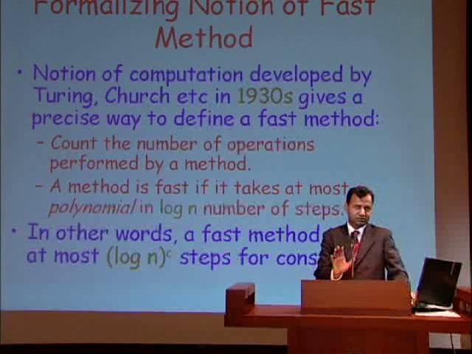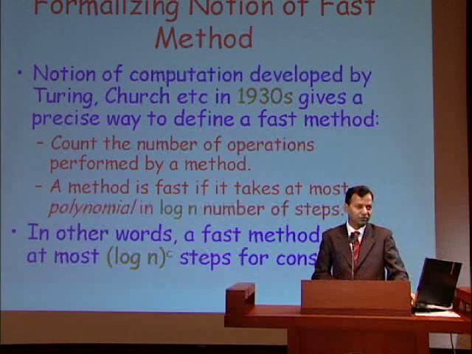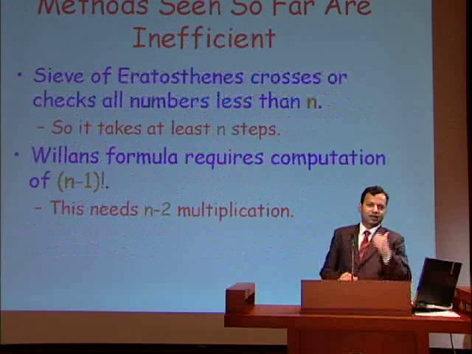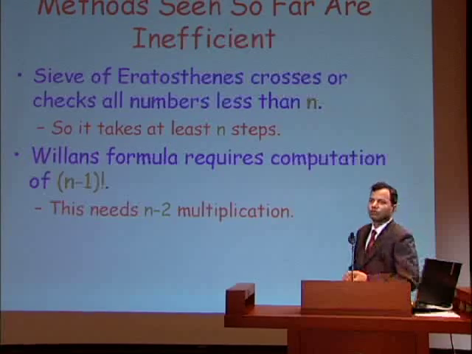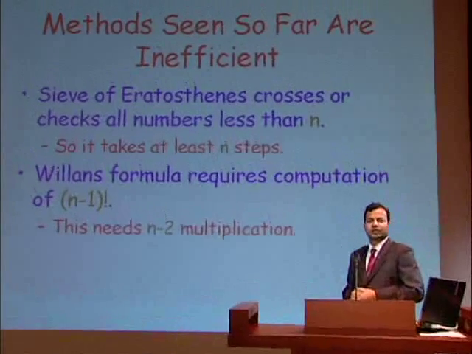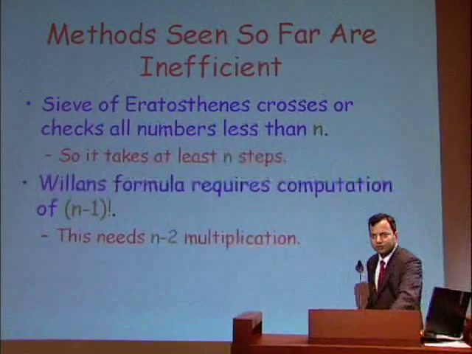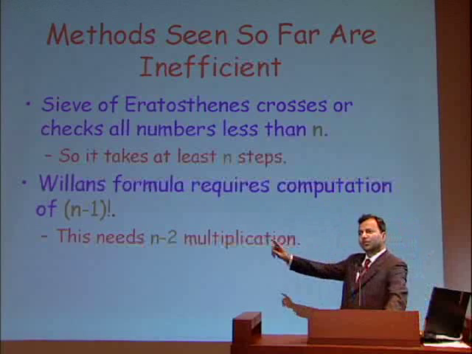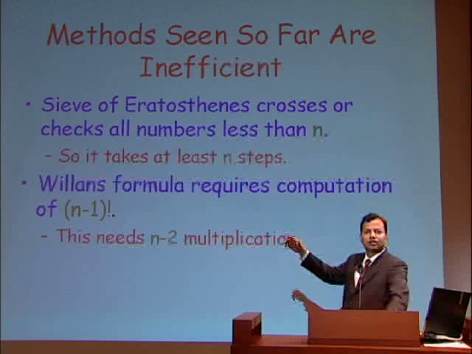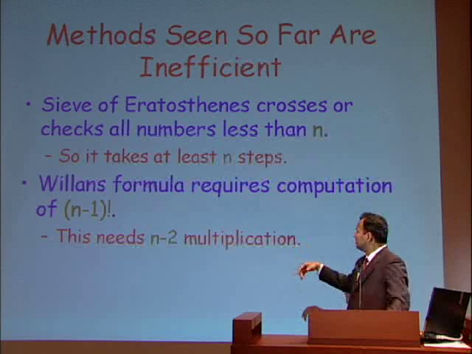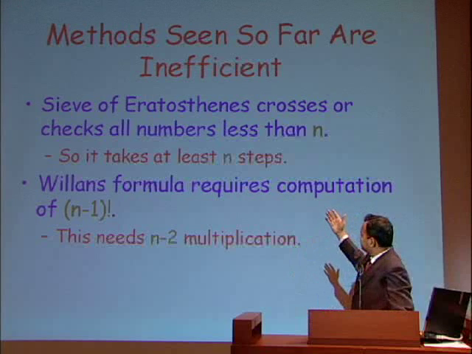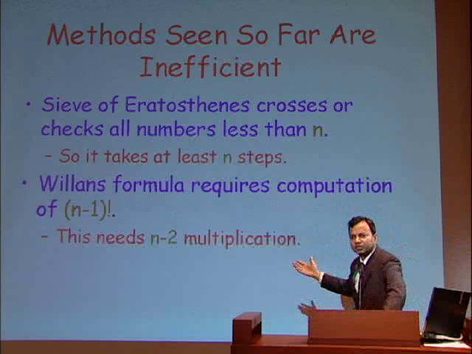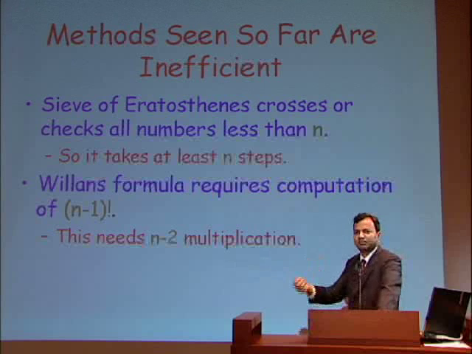Now with this definition of a fast method, let's look back at the two methods we know for determining if n is prime. One was the sieve of Eratosthenes. That required writing down all the numbers from 1 to n and crossing out all the non-primes. And that clearly requires one to check all the numbers between 1 and n, either cross them out or leave them uncrossed.